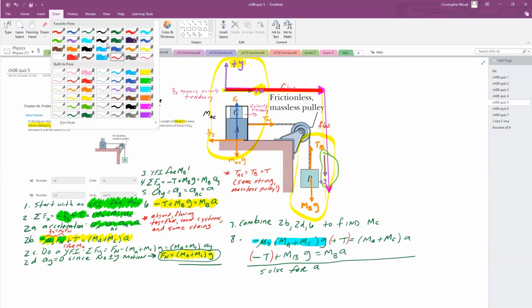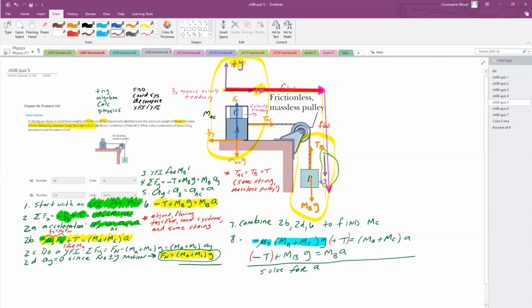Okay, minus mu sub s, MB, acceleration, minus mu s 0.21.